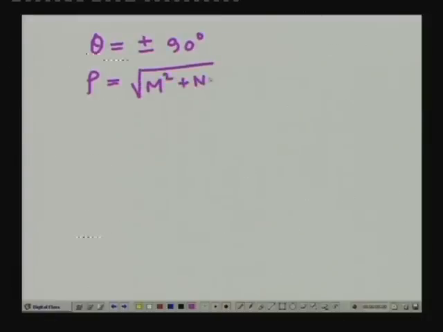We consider the value of theta to be ranging in the range of plus minus 90 degree, and the value of rho, that is the length of the perpendicular to the straight line from the origin, to be square root of m square plus n square, where m by n is the image size.